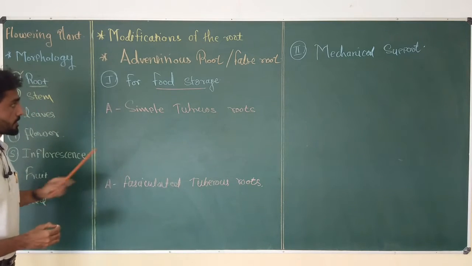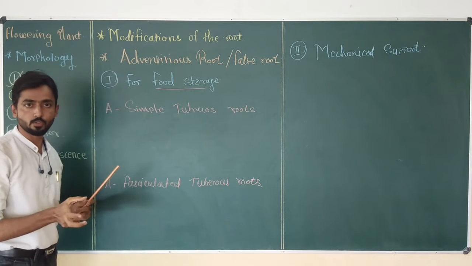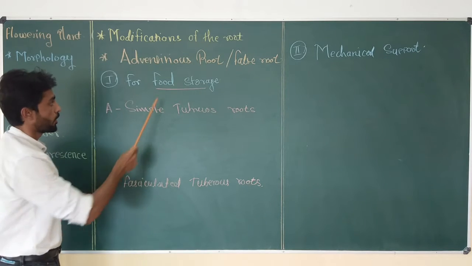So these two are the types of adventitious roots when they get modified for food storage.